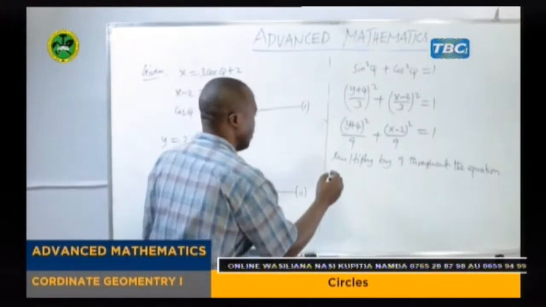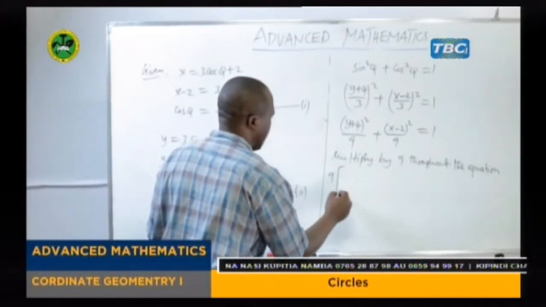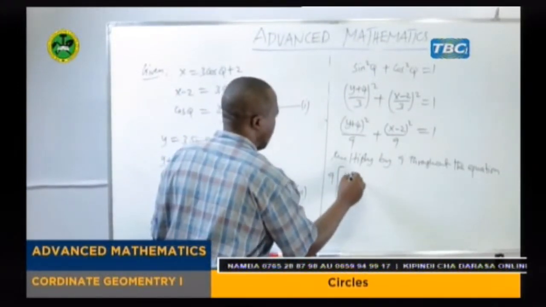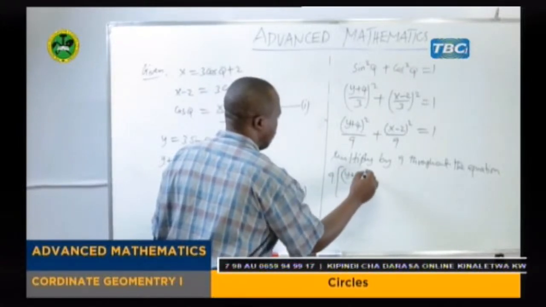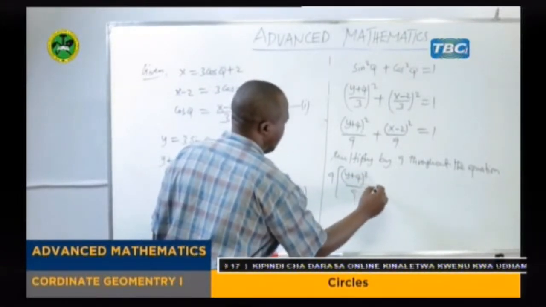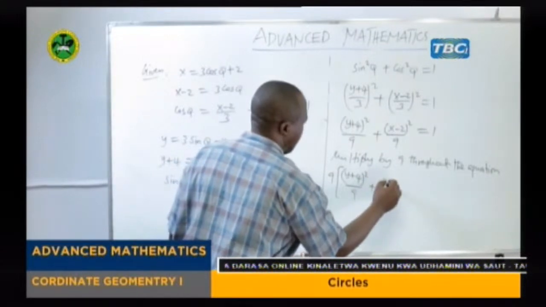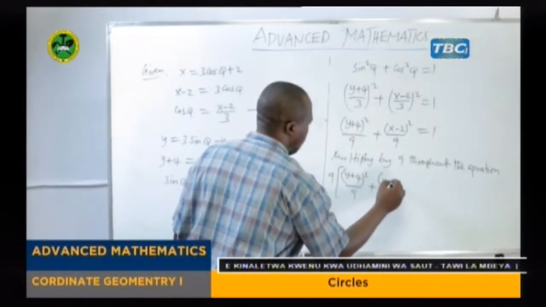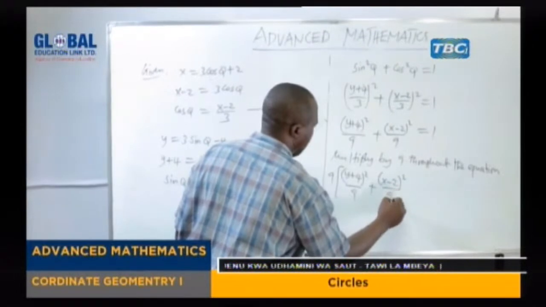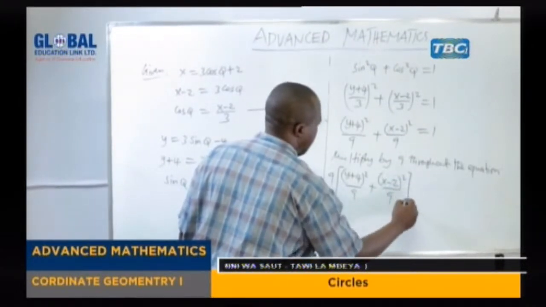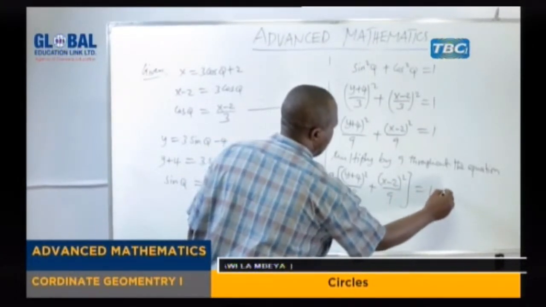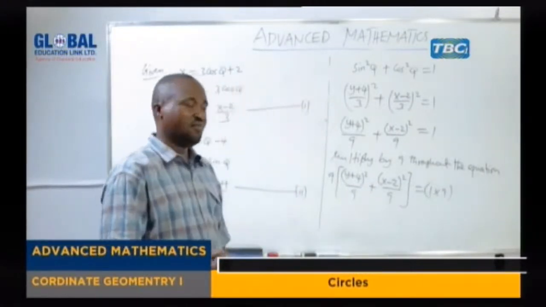So we are going to have 9 times (y plus 4) squared over 9 plus (x minus 2) squared over 9, which is equal to 1 times 9.